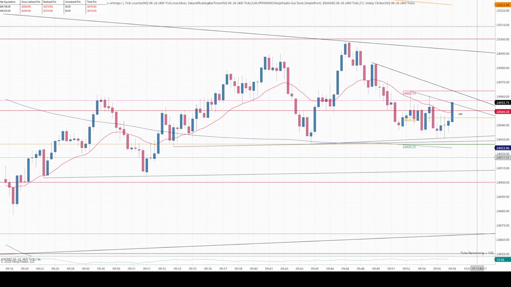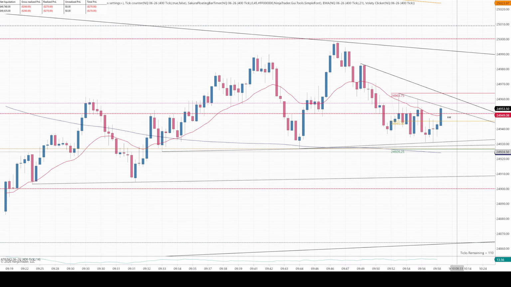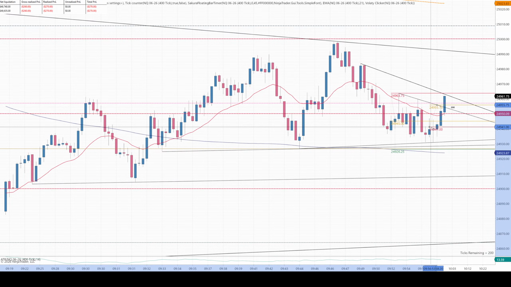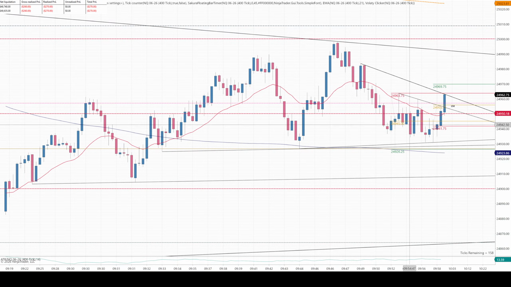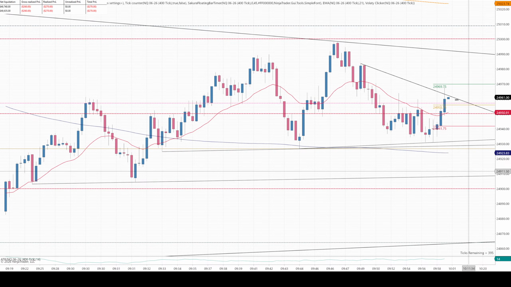Readjusting this trend line. Just triggered higher here. Sellers couldn't get it done down here, so I don't blame. Delete this.